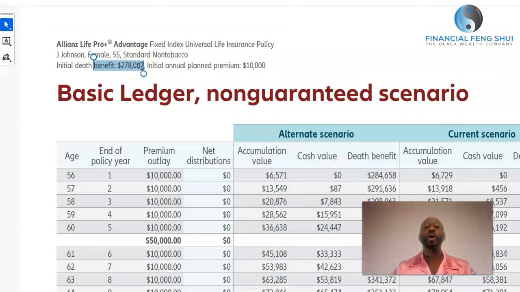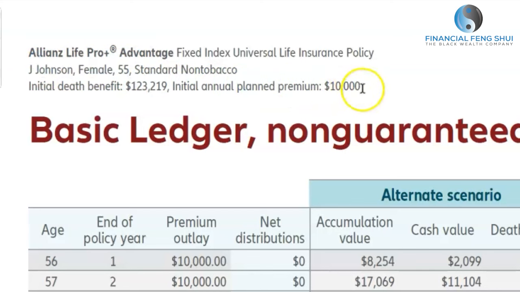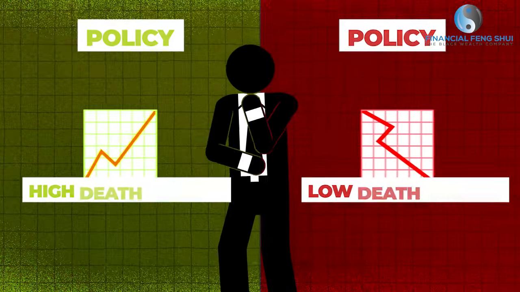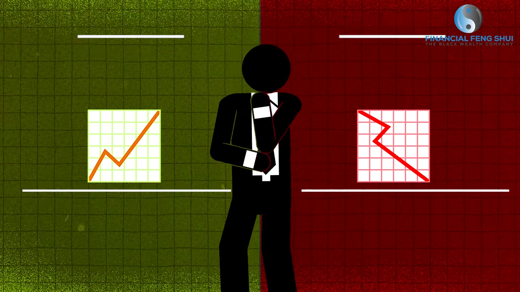I said we want to start with the lowest death benefit possible. Now, look over here. We have same person, same age, but in this example, the death benefit is $123,000 for the same $10,000 investment. So you see how we can be putting the same amount of money into the policy, and one policy has a higher death benefit, the other policy a lower death benefit.